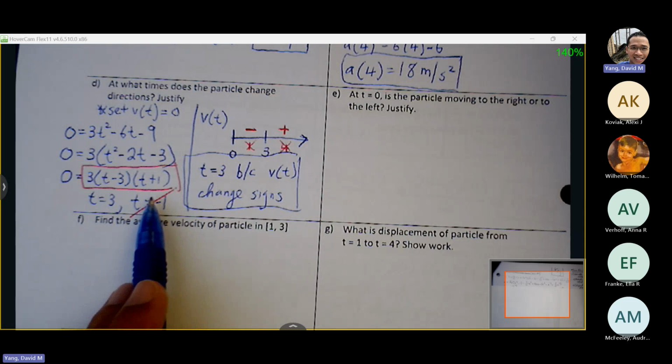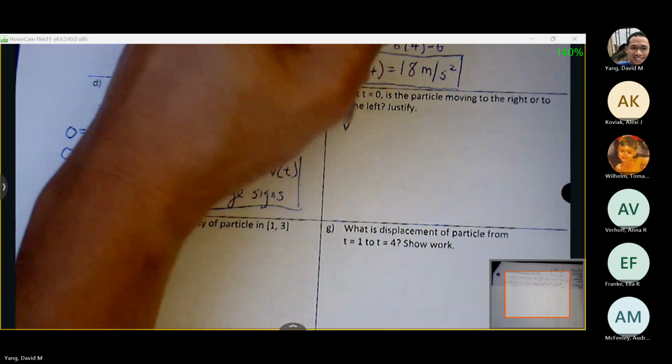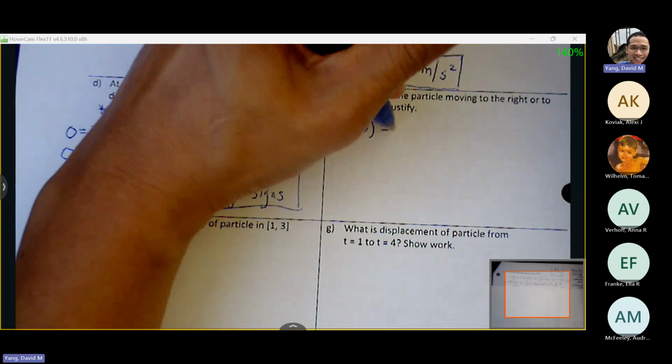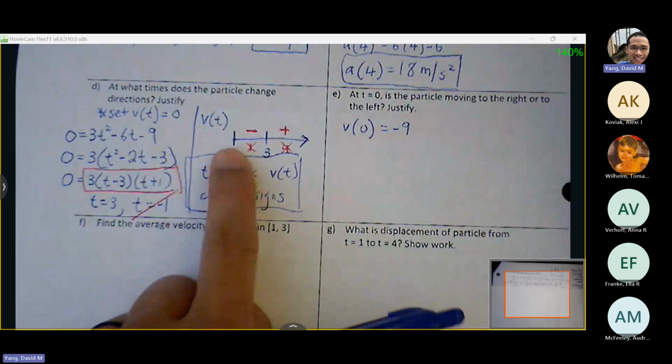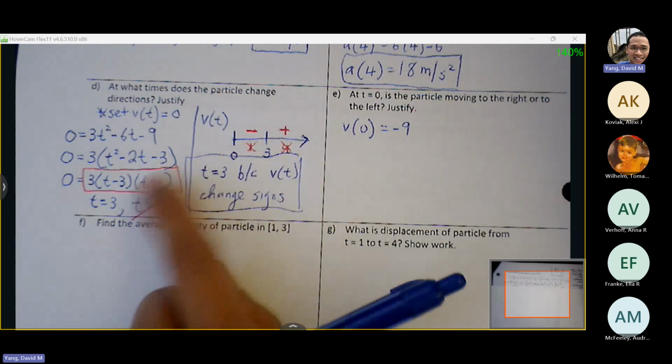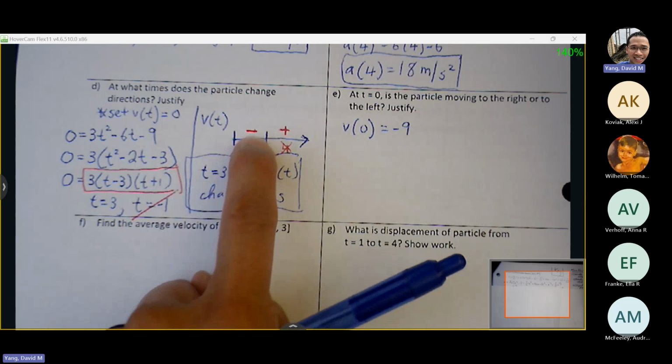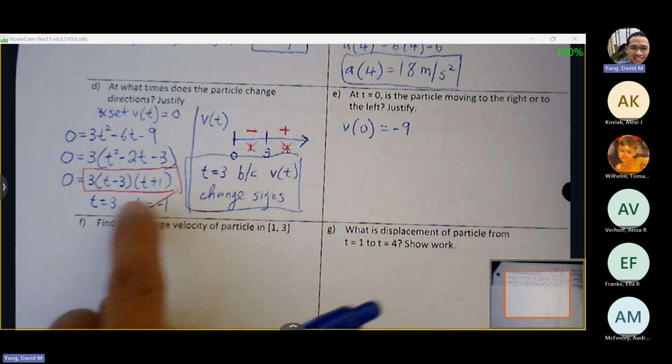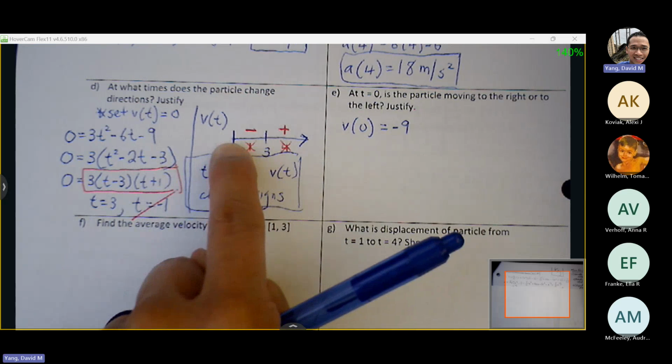So therefore, moving left. Could you also just look at the line graph? See that at 0, it's 112. Yeah, but it's nice to confirm, right? Since the negative is just from 0 to 3, it's nice to confirm that at 0 it's still moving left.